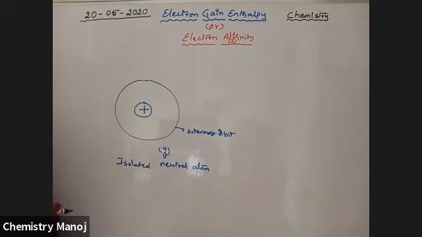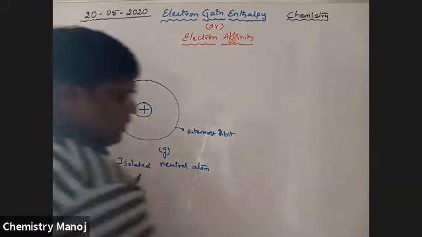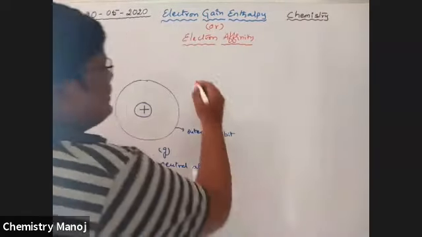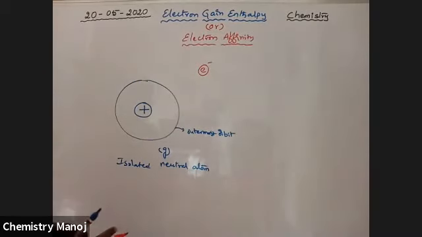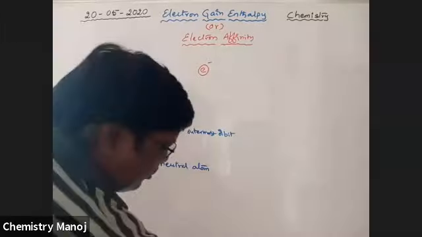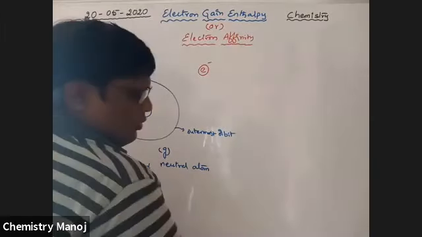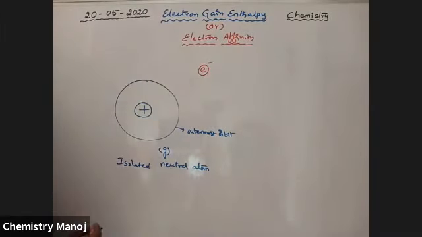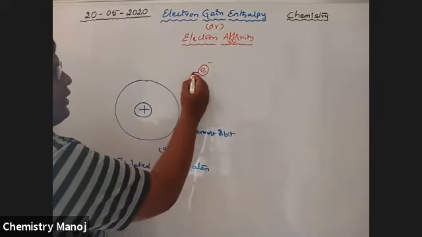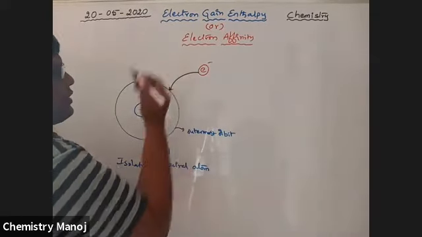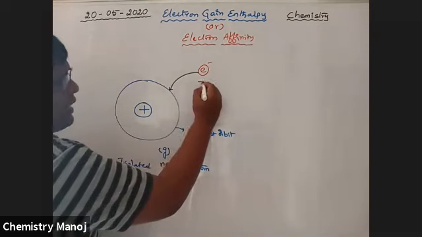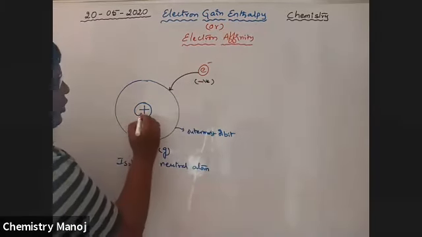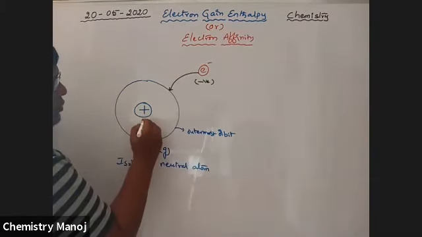Now, outside this atom, there is an electron which is released from others. This electron enters the outermost orbit of that atom. Electron has a negative charge, nucleus has a positive charge.